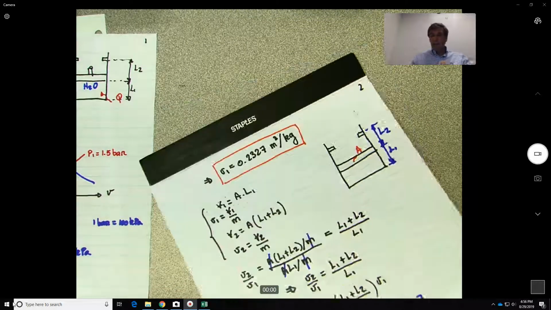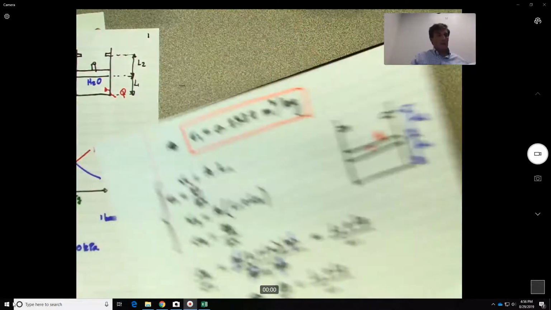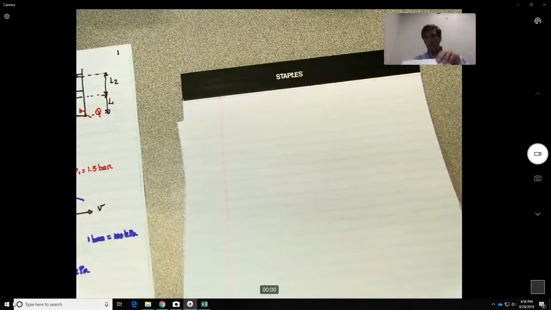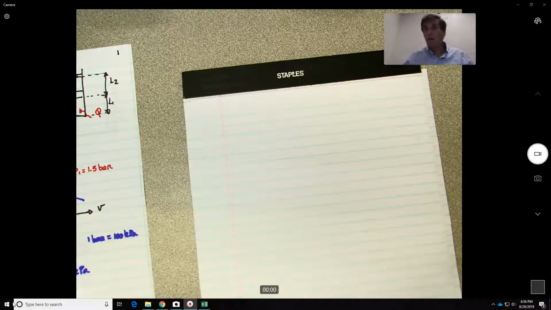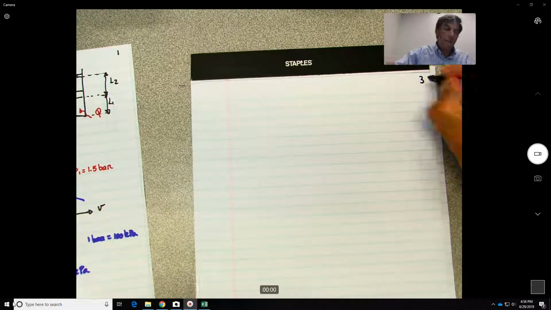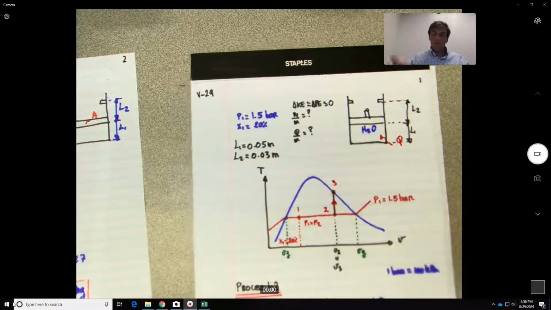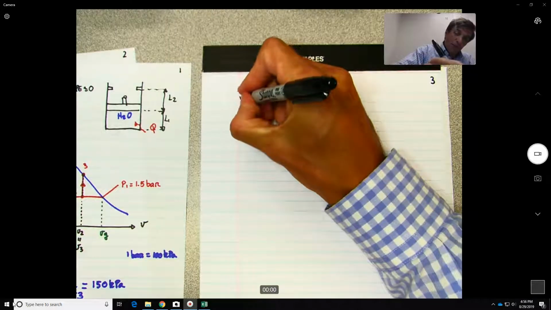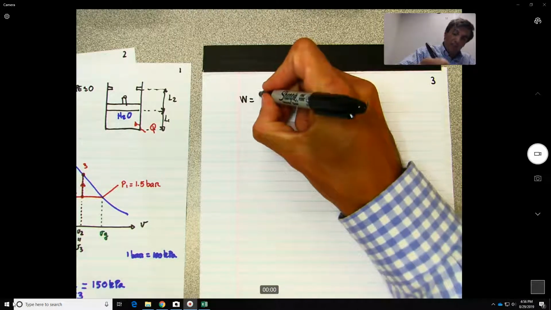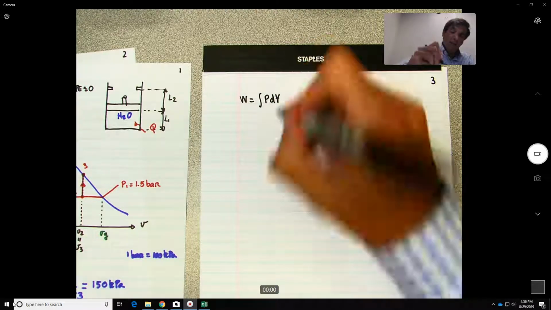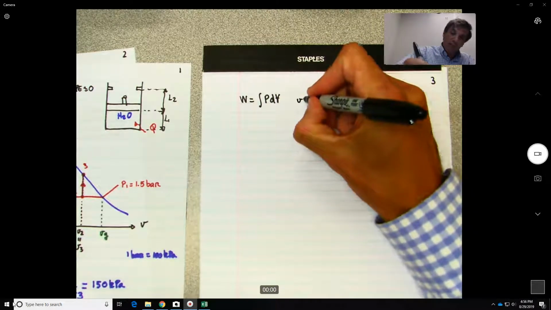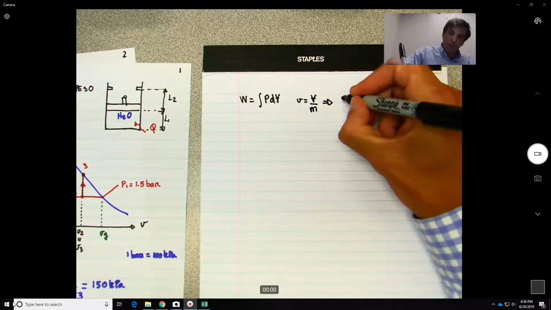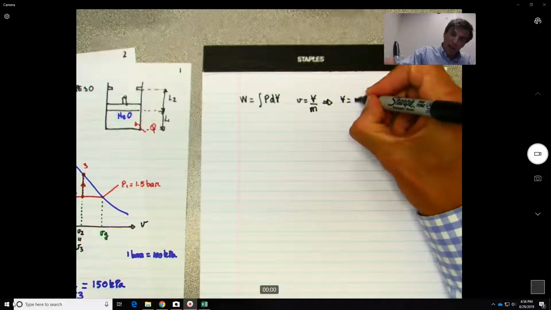So let's go to the next page. All right, so now remember that the pressure between 1 and 2 is constant, from the figure. By definition, we know that the work is equal to P dV, and we know specific volume is volume over mass, so we could replace volume by mv.